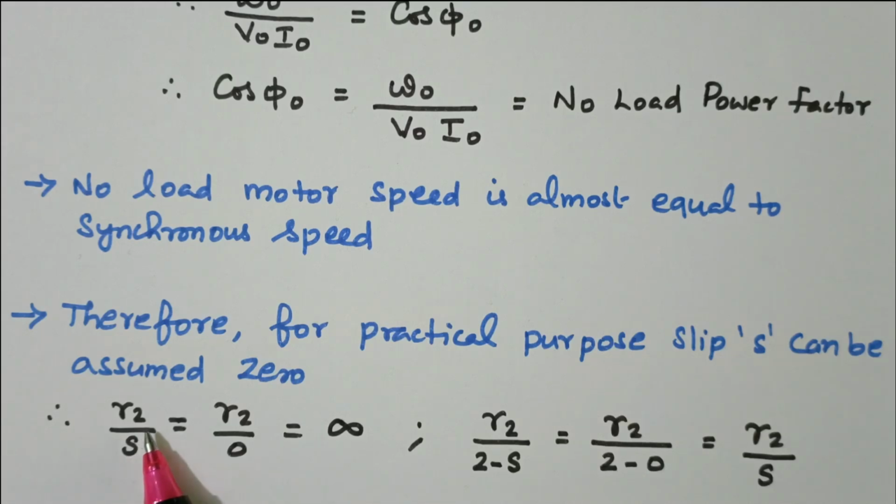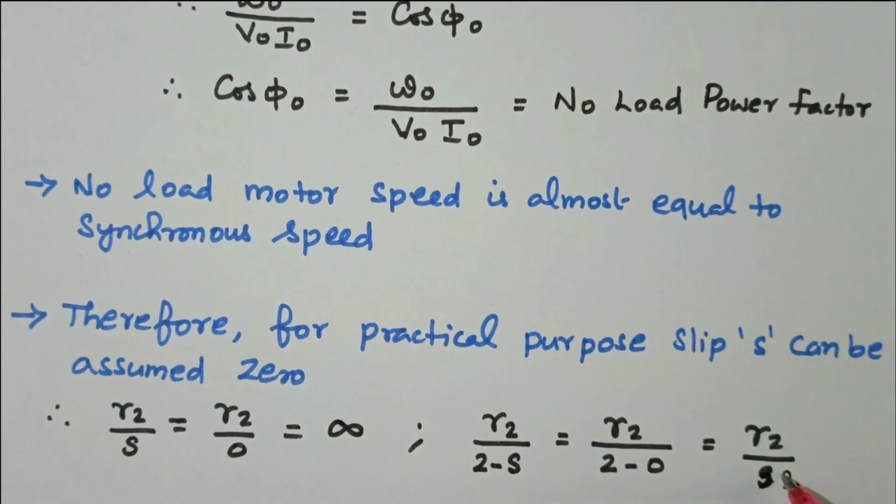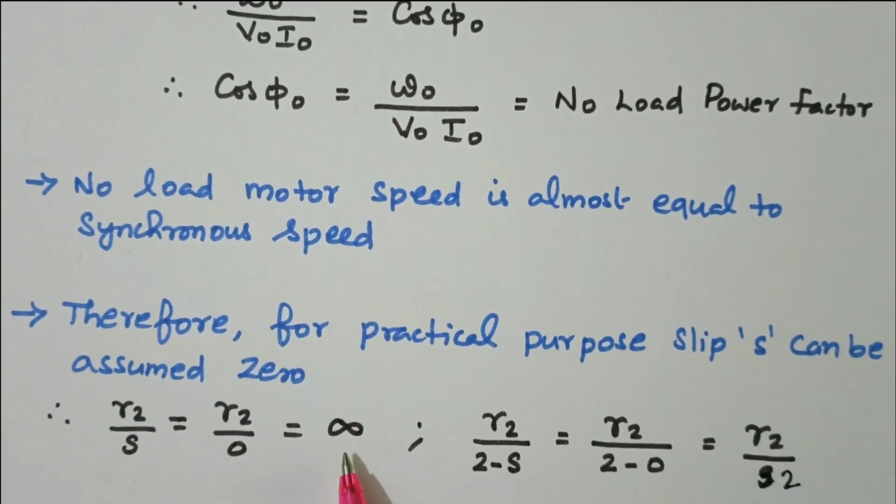Based on that, for the forward rotor circuit we assume R2 by S. S equals 0, so it becomes infinite. For the backward rotor circuit, R2 divided by (2 minus S). Here S equals 0, so it is R2 divided by 2. So in the forward circuit, the resistance is infinite. In the backward circuit, the resistance is R2 divided by 2.